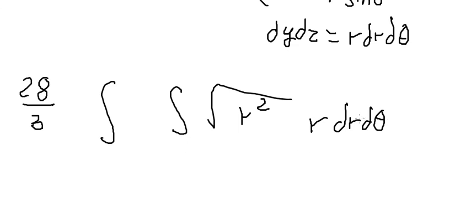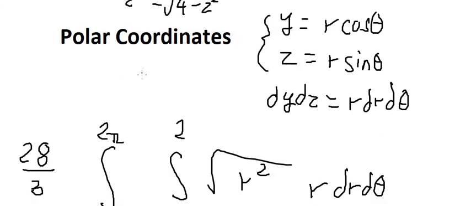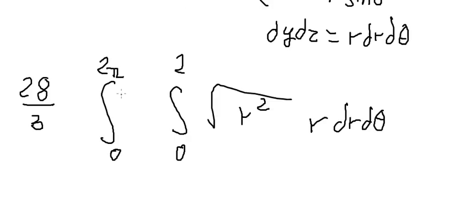dr, that's the radius of the circle. That should be from 0 to number 2. d theta, we get 0 to 2π because we go a full circle. That's why you get from 0 to 2π. And now we just get the final answer.